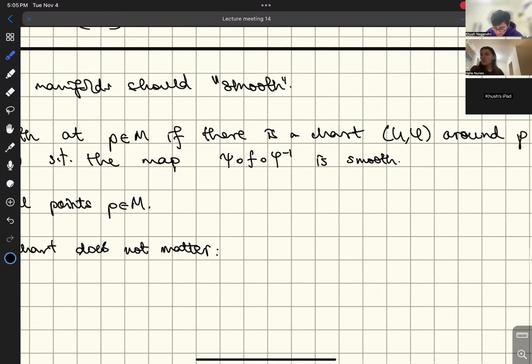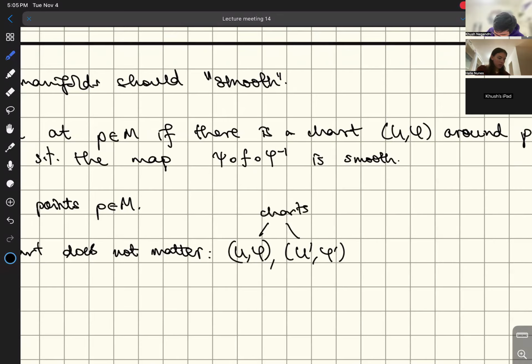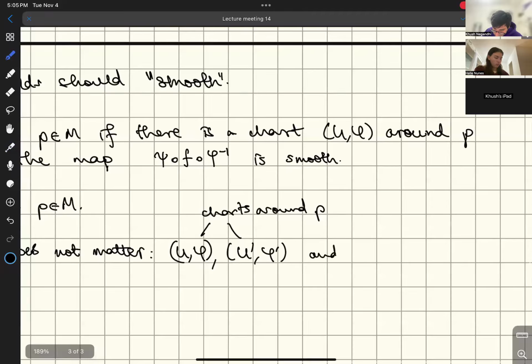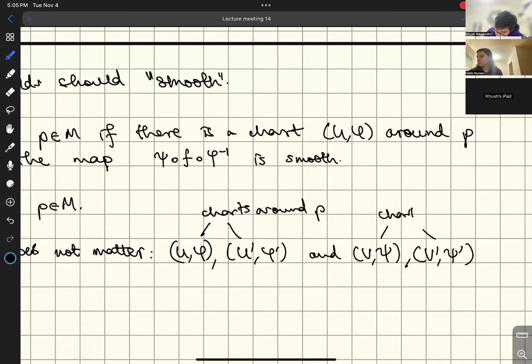To see this, suppose you have charts like this: (U, phi) and (U', phi'), charts around P, and suppose that F is smooth in the first chart, and (V, psi) and (V', psi') are charts around F of P. It's smooth in this chart, and we now show that it's smooth in the other charts.